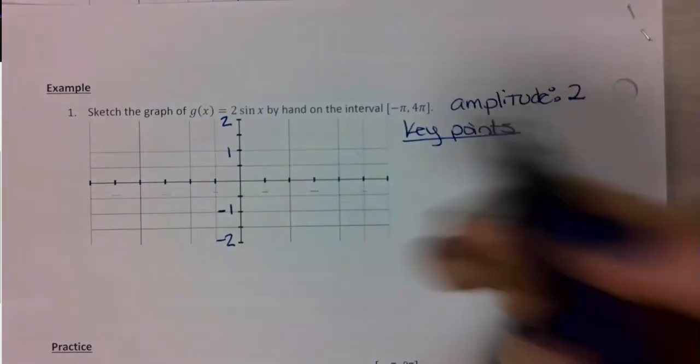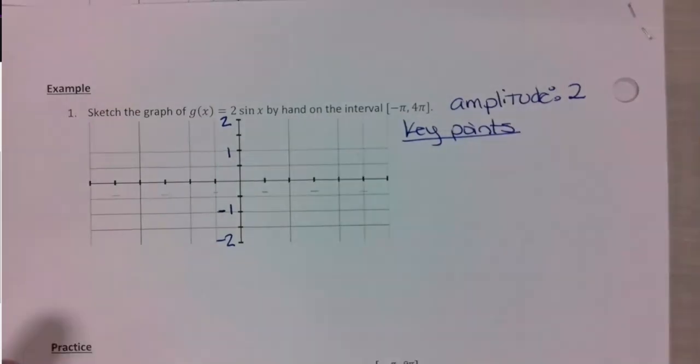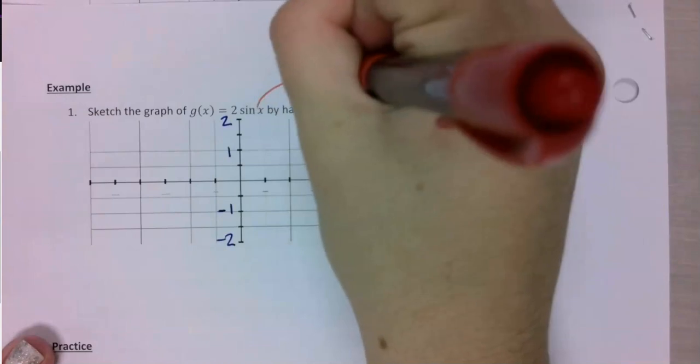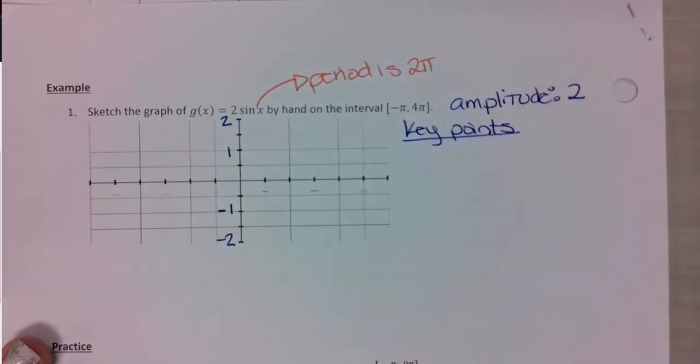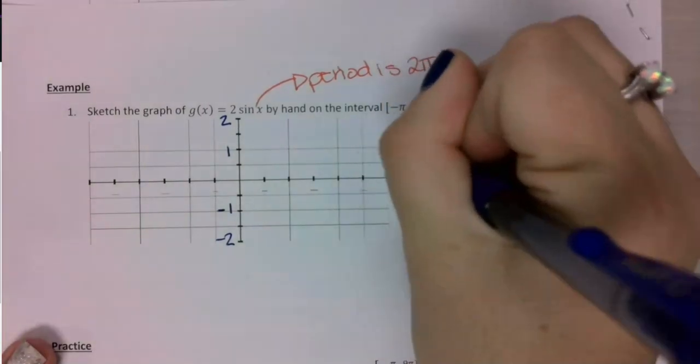So remember how I told you a standard period is 2 pi? Because that's how long it takes to make a complete revolution around the circle. What I'm going to do for my key points is take 2 pi and divide by 4.